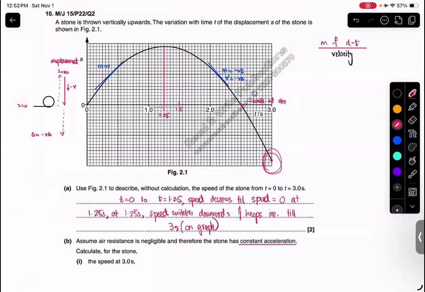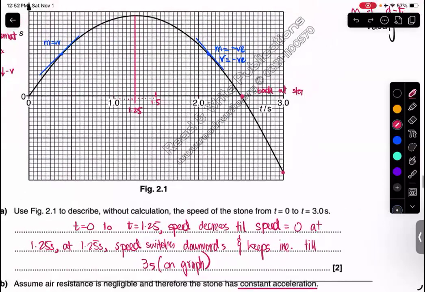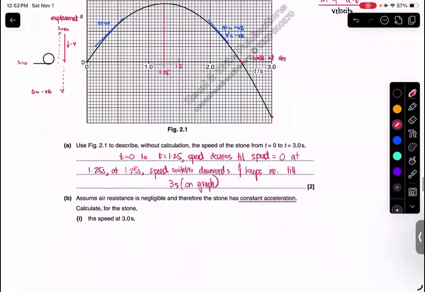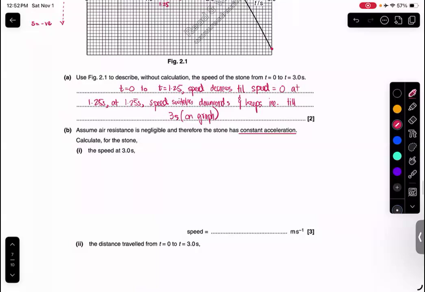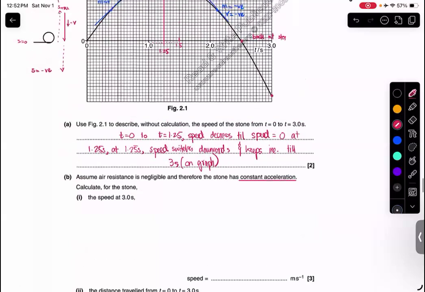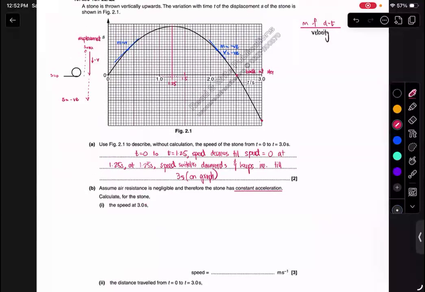How do you calculate the speed at this point? Good question. Yes, Aris, this one's for you. This is my gift to you. How do you find out the speed at that point?